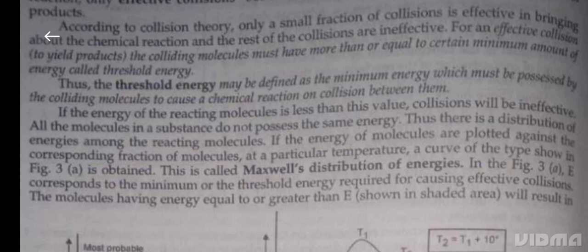All the molecules in a substance do not possess the same energy. Thus, there is a distribution of energies among the reacting molecules. If the energies of molecules are plotted against the corresponding fraction of molecules at a particular temperature, a curve of this type is obtained, called Maxwell's distribution of energies. E corresponds to the minimum or threshold energy required for causing effective collisions.